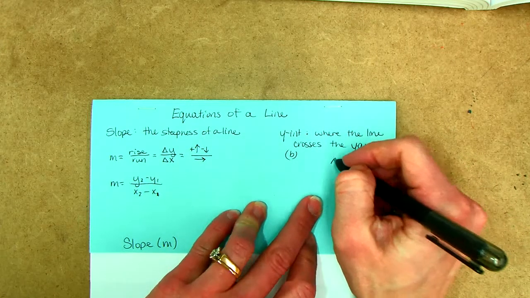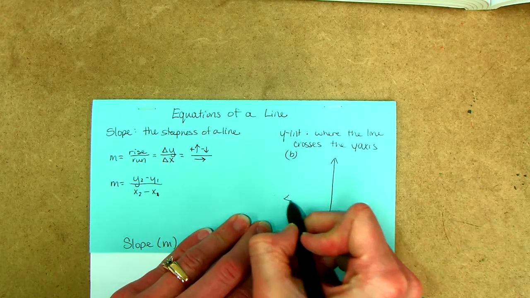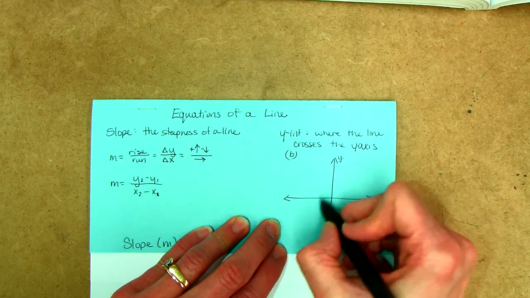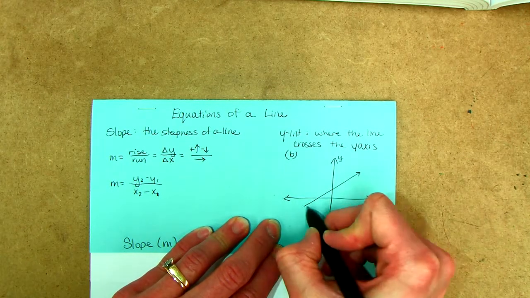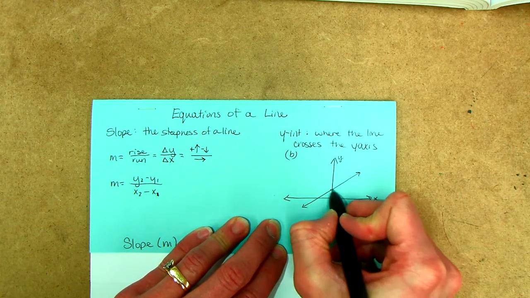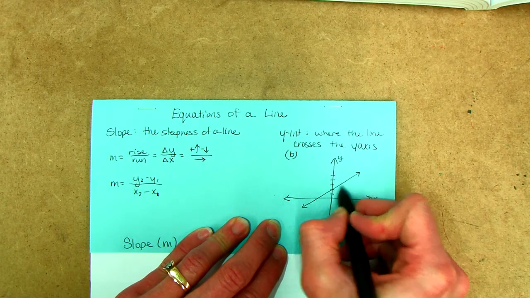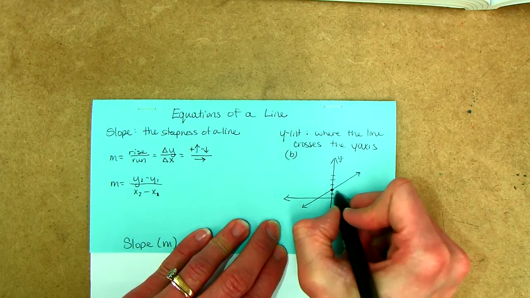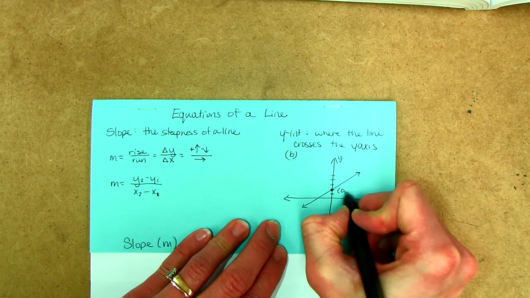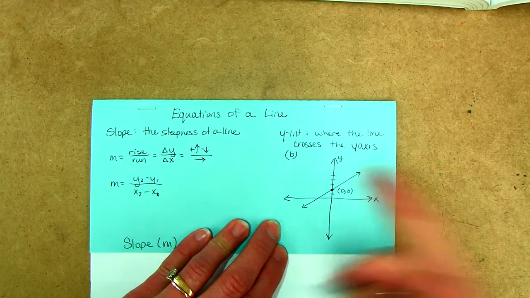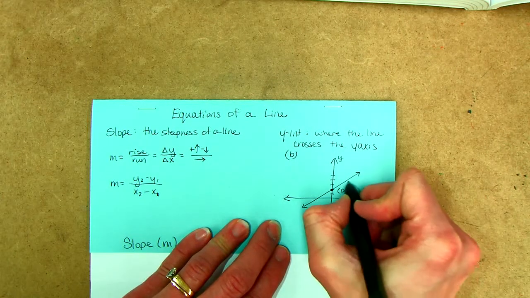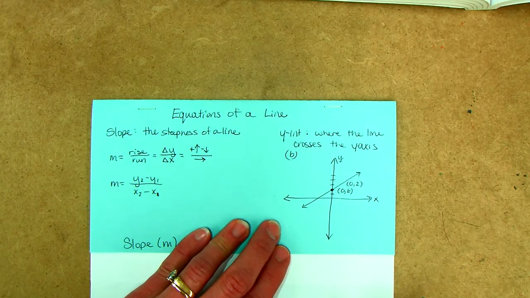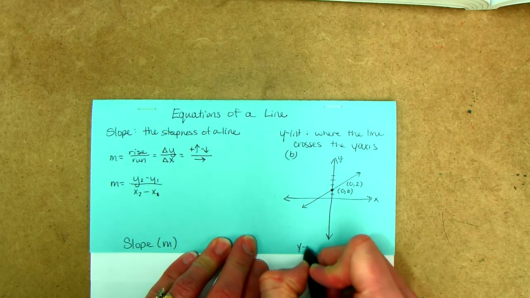If we have this line, say right here, let's just pretend that that would be right there, and that is B. Now, specifically, it would be (0, b). In this case, (0, 2). So B would be equal to 2. That's our y-intercept, which, like I said, usually we use the letter B to represent.